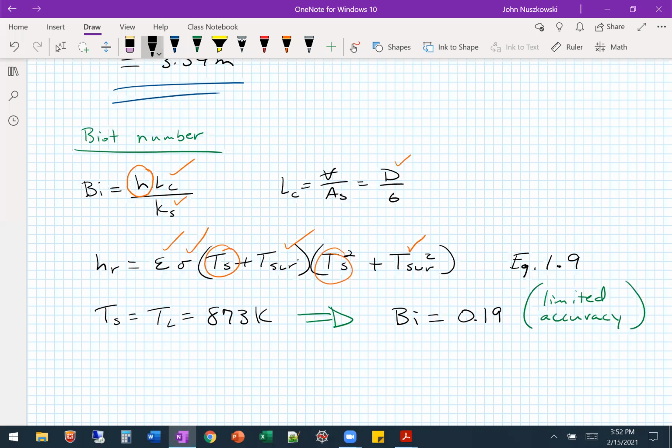Or we can also check it if we take the initial as the surface temperature, because at the beginning of the tube furnace it's 25, 298 Kelvin initially, and at the end it's 873 Kelvin. So if we calculate the Biot number when it first enters the furnace, it's at 0.1. Okay. So even here, it's kind of right on the limit.